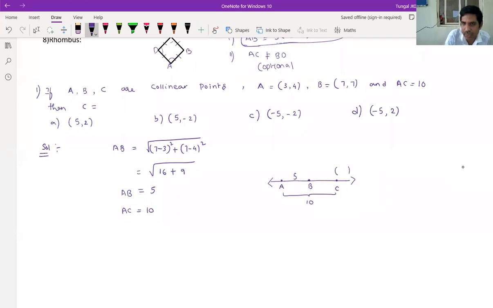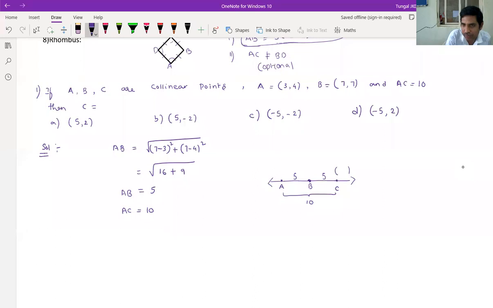How to calculate the C point? We observe here. This is 5 units, this total is 10 units, then automatically this is 5 units only. Understood? So this is 5 units and this is 5 units, which means this point here is the midpoint, correct?